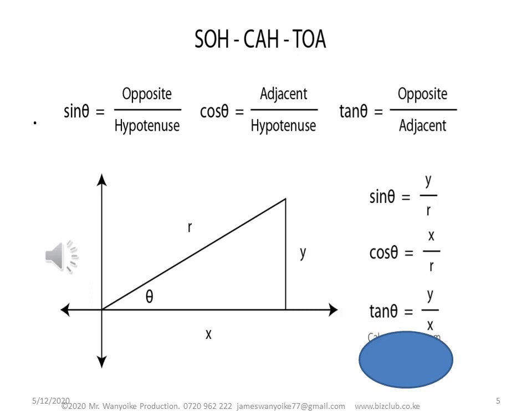Our opposite is y, and hypotenuse is r. Cos theta or cosine of angle theta will be given by adjacent, which is x, over hypotenuse, which is r. And tan theta or tangent of angle theta will be given by opposite, which is y, over adjacent, which is x.